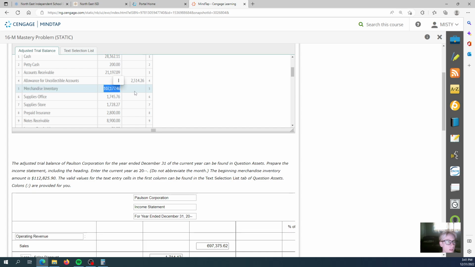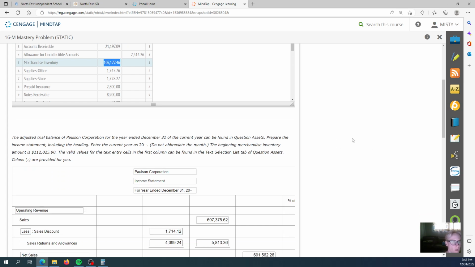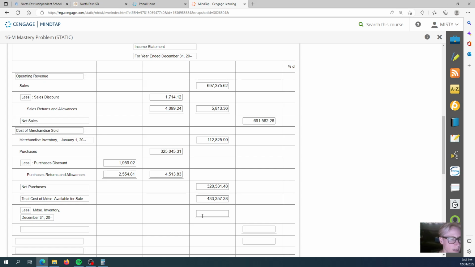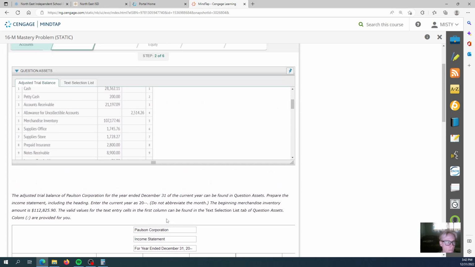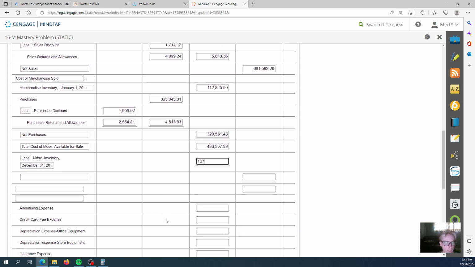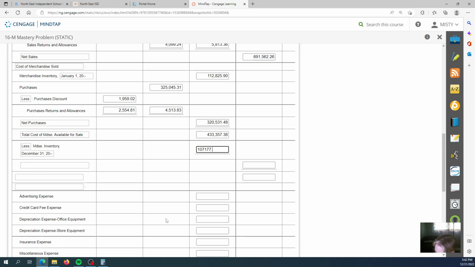Okay, so this is what we have at the end of the year in our inventory. So that is the number we're going to put here. Merchandise inventory December 31st. Okay, the 107,177 and 46 cents. So we'll put that here. 107,177.46. All right, good. Perfect. What is next?